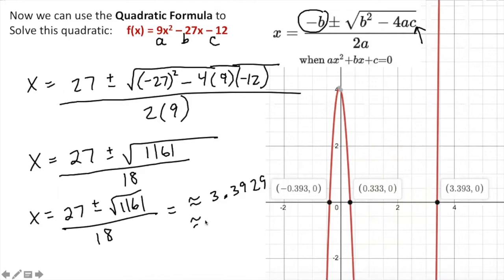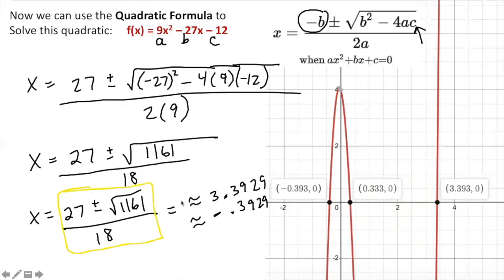And then to get the other one, I'm going to do 27 minus the square root of 1161 divided by 18. And I'm going to get negative 0.3929. So you can see that this would be the exact answer here.